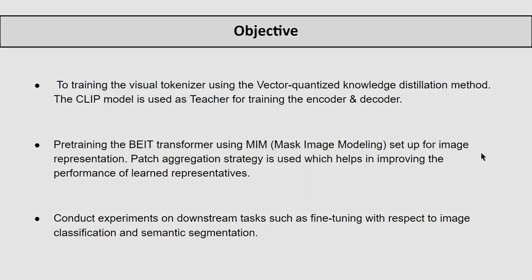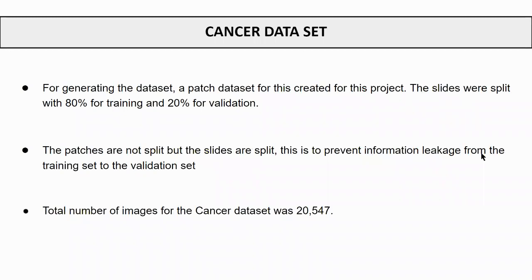Now, before we move forward, it is very important for us to understand the dataset that is being used over here. As mentioned, the dataset that is used in this project is the breast cancer images. The thought behind using this dataset was the increasing rate of this cancer found in women.